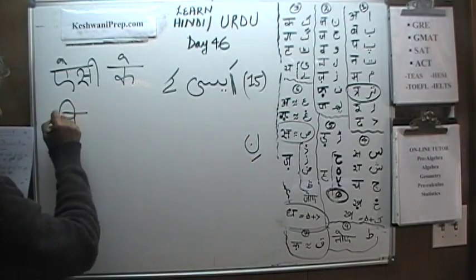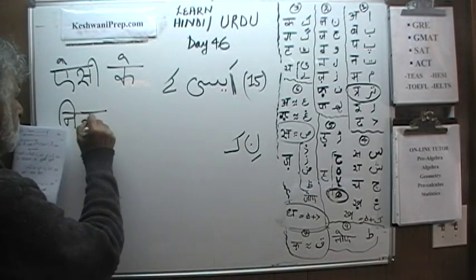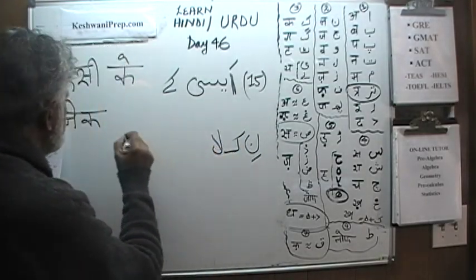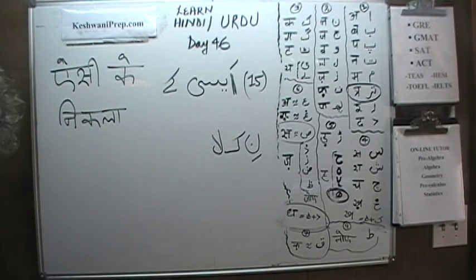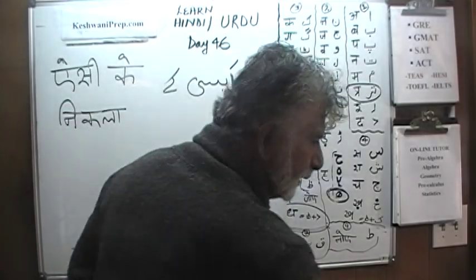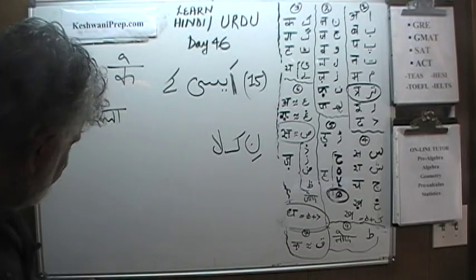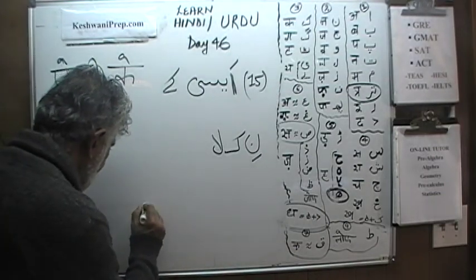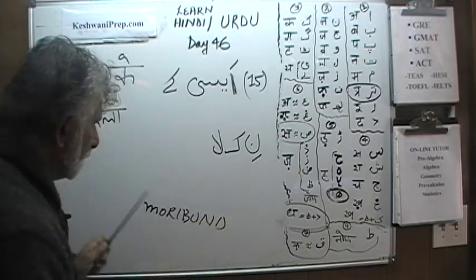Then a ka, and then a la. Nikla. I'm going to get rid of this marker because I keep picking it up and it is moribund. It's about to die. Moribund, about to die.